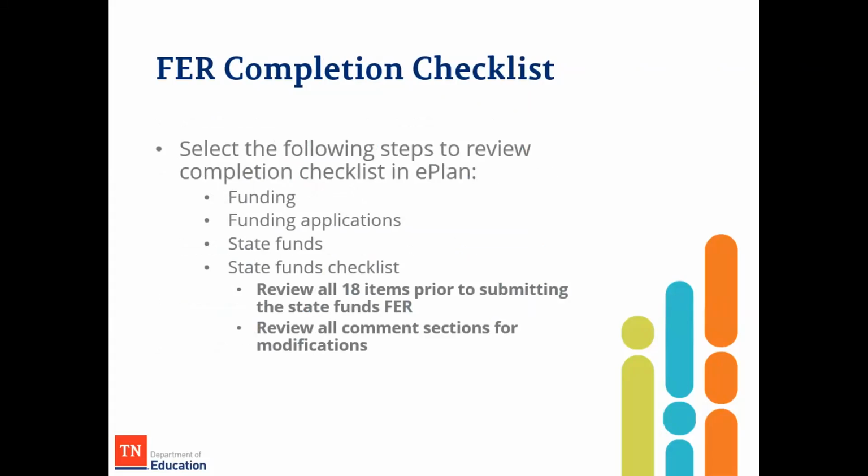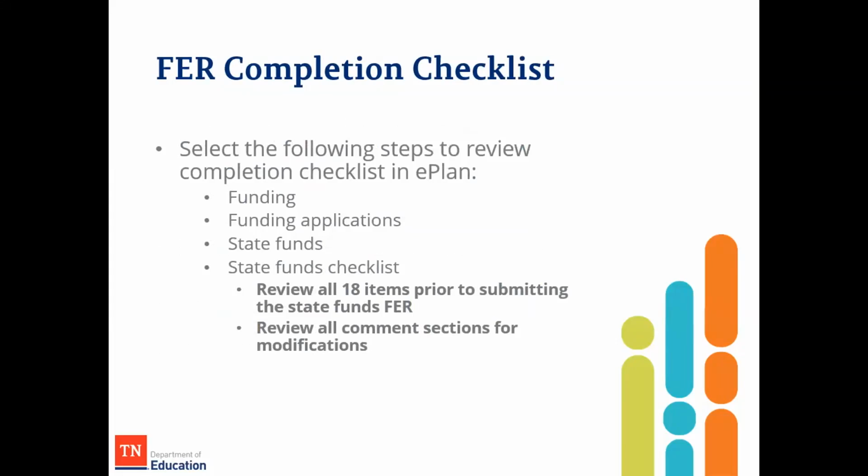Okay, so the checklist, I encourage all of you, before you submit this to your fiscal rep, that you also review this checklist that we will be reviewing before you send it to us, before submitting. So in order to get to this checklist, these are the necessary steps that you need to take.